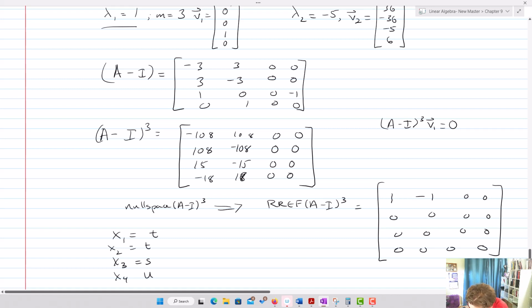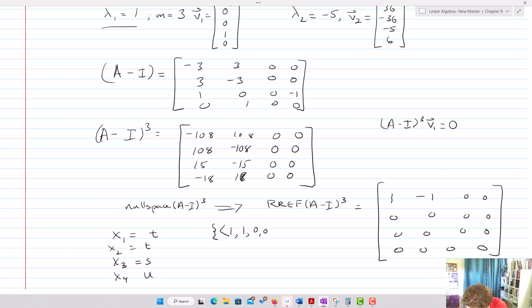So my basis for the null space is going to end up being 1, 1, 0, 0, then 0, 0, 1, 0, and then 0, 0, 0, 1.